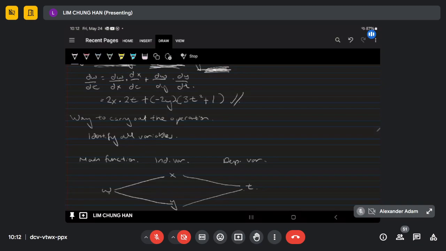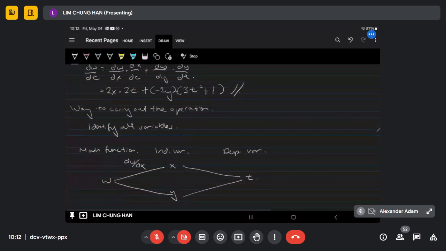So the relationship between w and x is dw dx, and then the relationship between w and y is dw dy. Then from x to t, dx dt, and from y to t, dy dt.